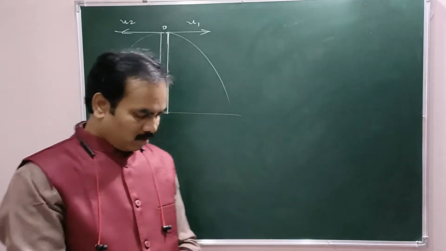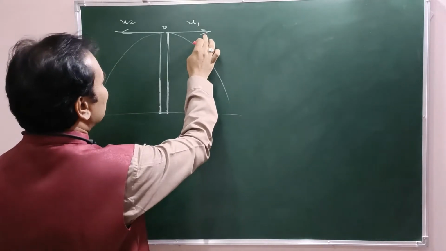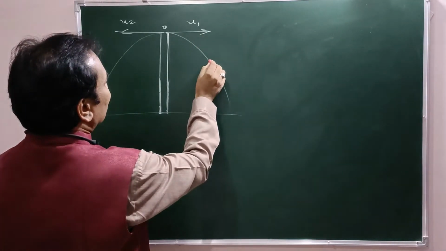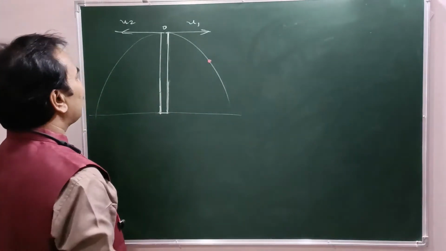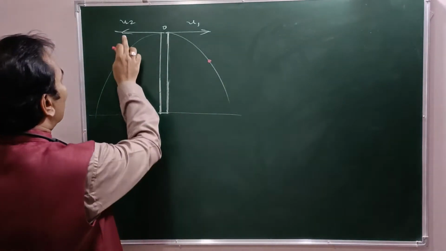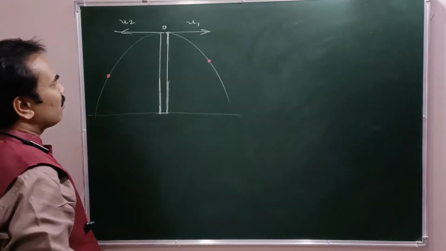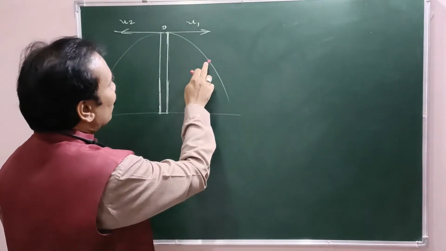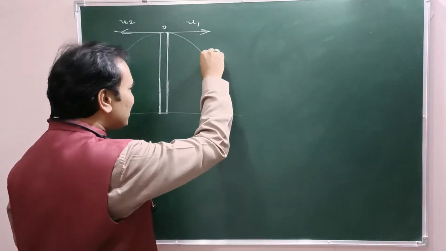Now see, suppose as far as the first body is concerned, in a given time t, this is the position of the particle. Coming to the second one, this is the position of the particle. Suppose I want to specify its instantaneous velocity at this position.